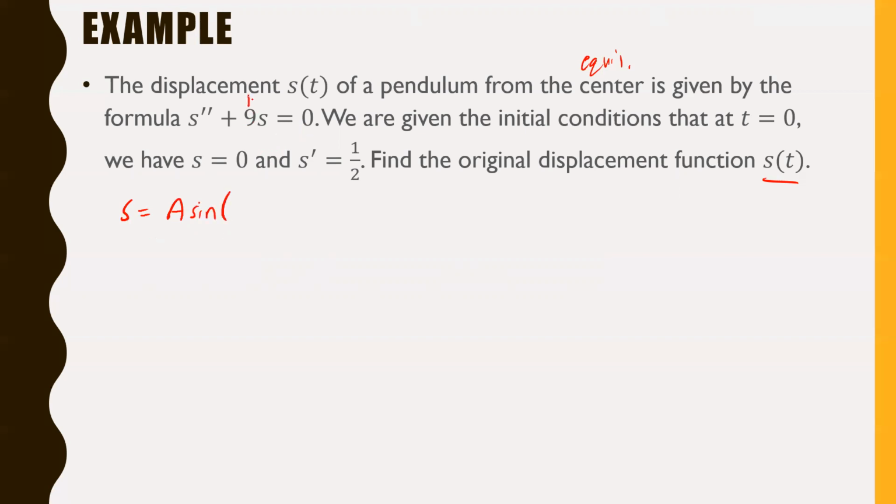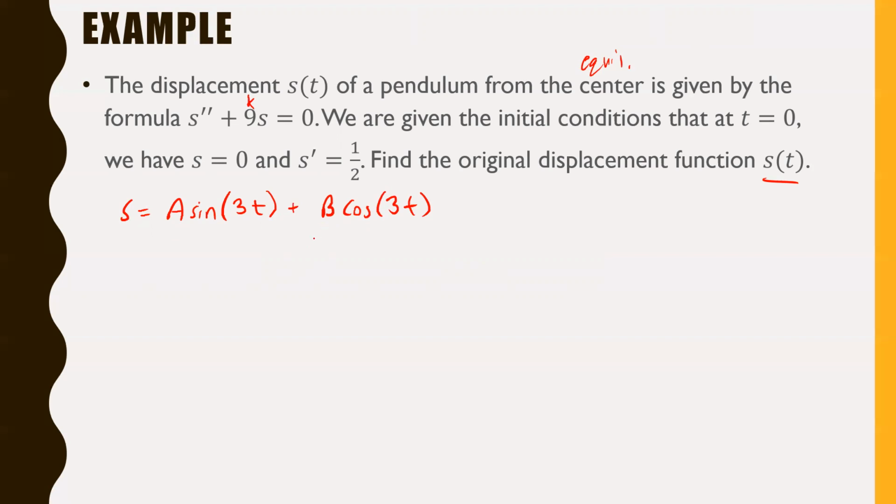Well, k is this 9 right here, so the square root of k would be the square root of 9, which is 3, times t, because it's a function of time, plus B cosine of the square root of k, so 3 times t. We know our function is going to look like this. The real question, though, is what are the values of A and B.